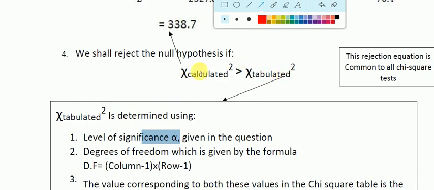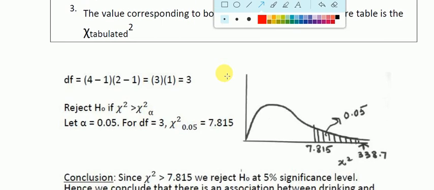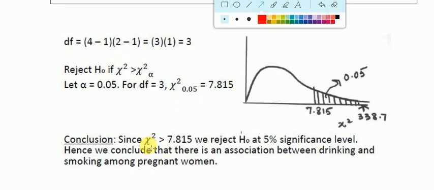If this happens, we shall reject the null hypothesis, which obviously in this case we do. Since chi-square calculated is greater than chi-square tabulated, which we found out from the table, we reject the null hypothesis.